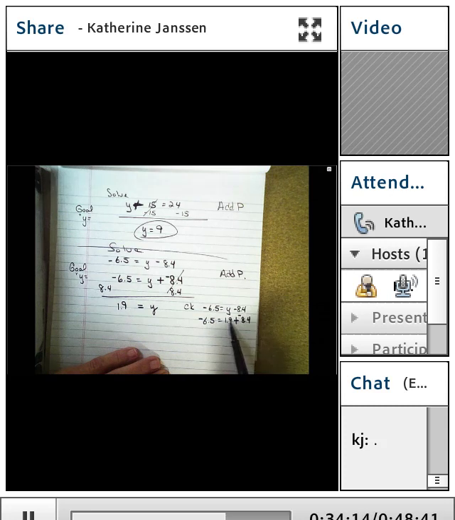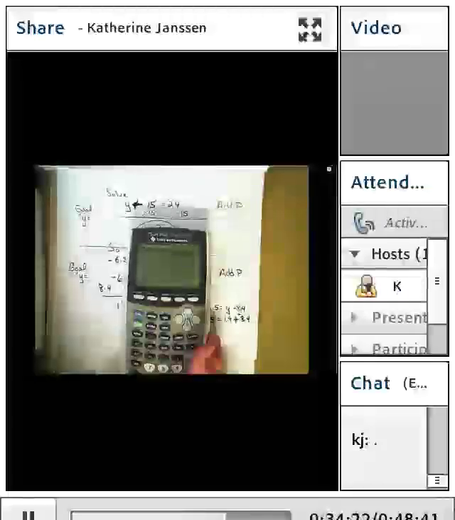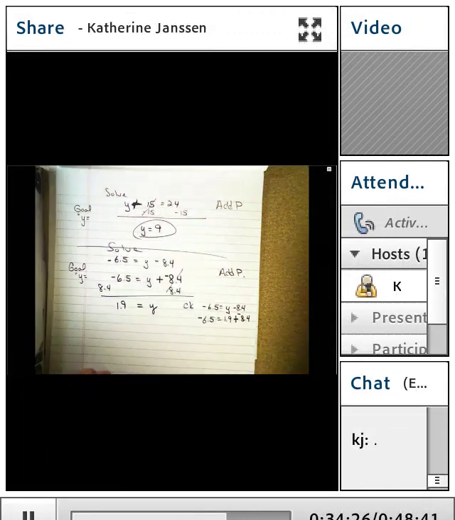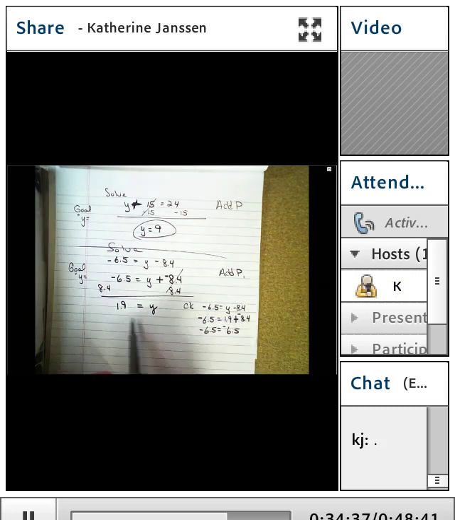Subtract 1.9 from 8.4. And we'll get 6.5. And then we're going to keep the sign of the absolute value, which is larger, which is negative. Negative 6.5 equals negative 6.5.